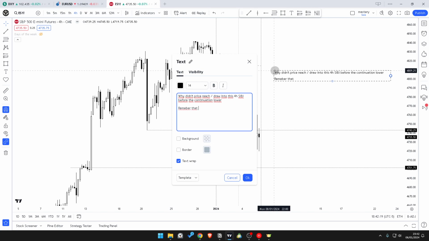Remember that highs and lows are what makes the marketplace, and CBs slash BZs slash fair value gaps slash imbalance are made from highs and lows. The fair value gap needs a low and a high to be an imbalance.